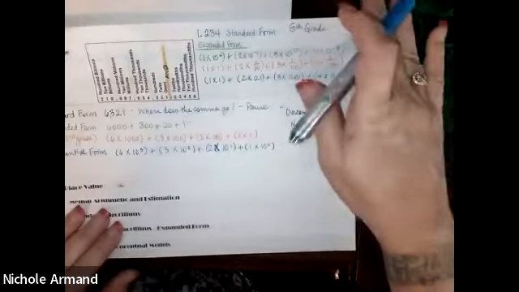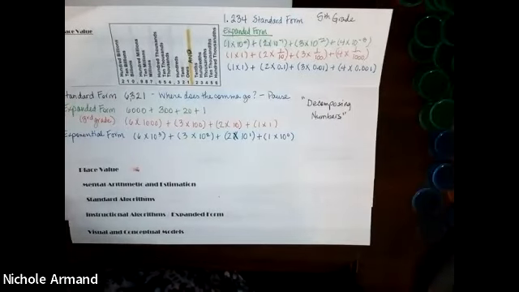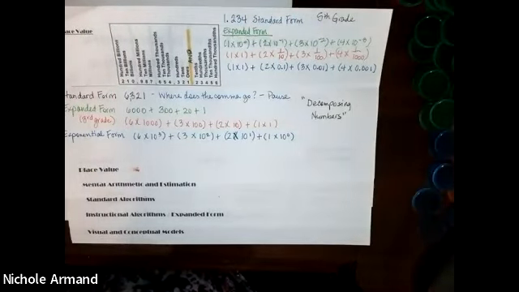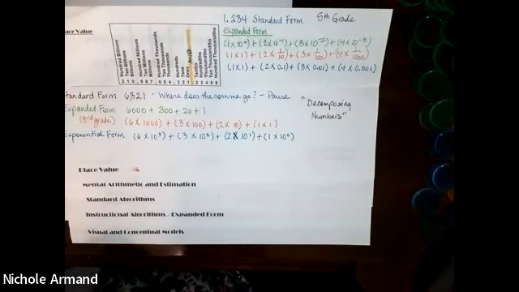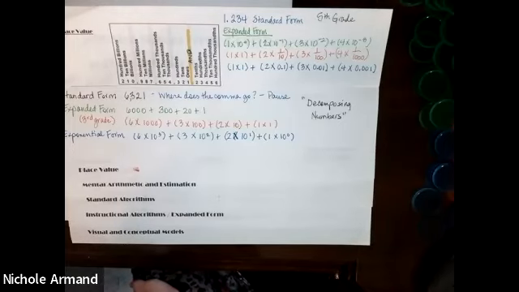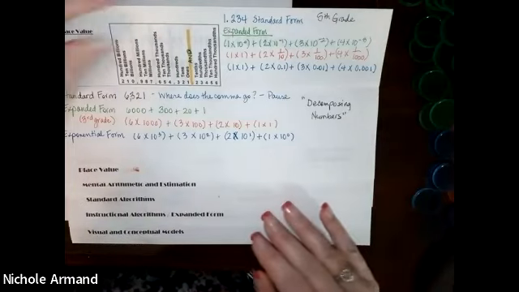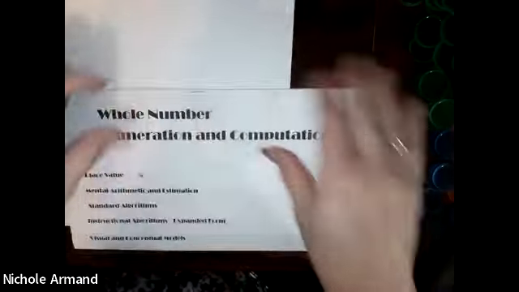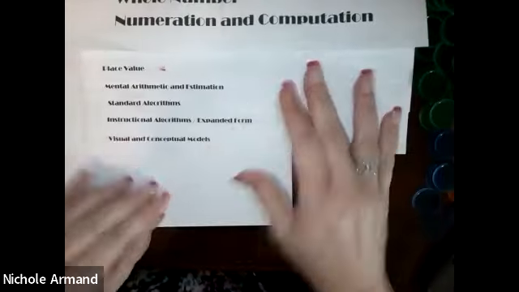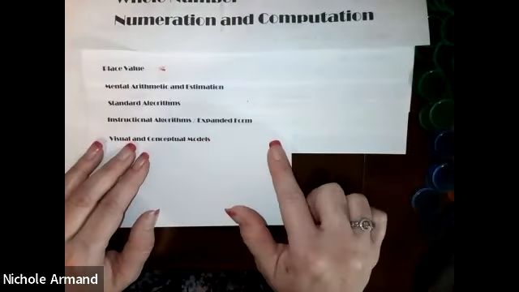So what we want to do now is go on to, I believe I told you on your agenda that we wanted to do place value and the algorithms for addition and subtraction in one part, and then the algorithms for multiplication and division in another part. And so what we're going to do is go all the way to the end of the book, and we're going to go to these visual and conceptual models.